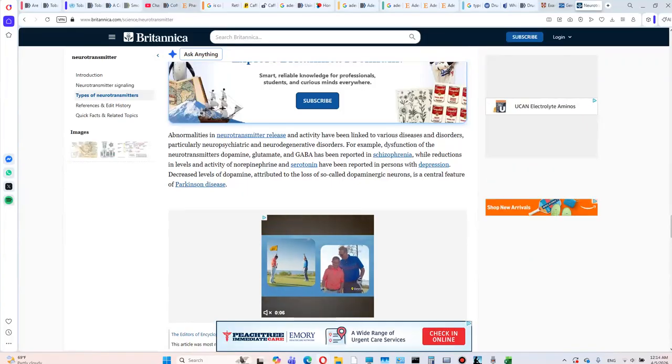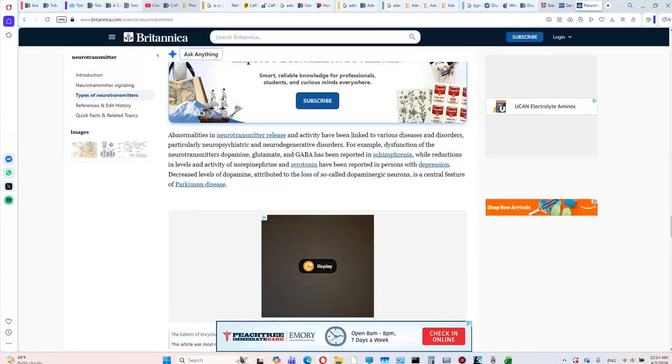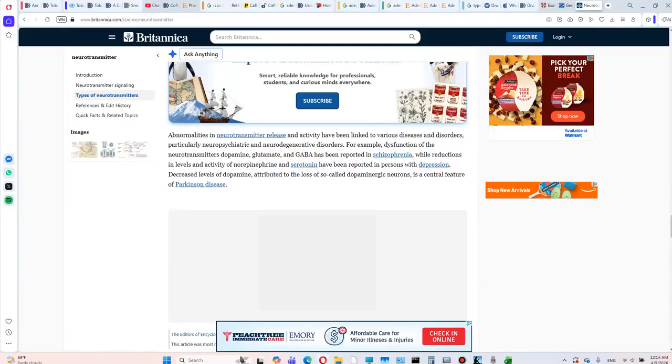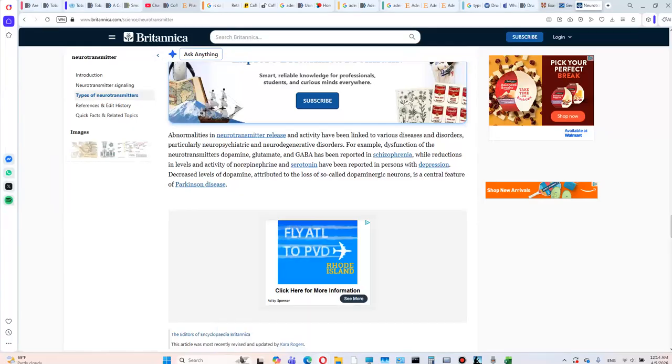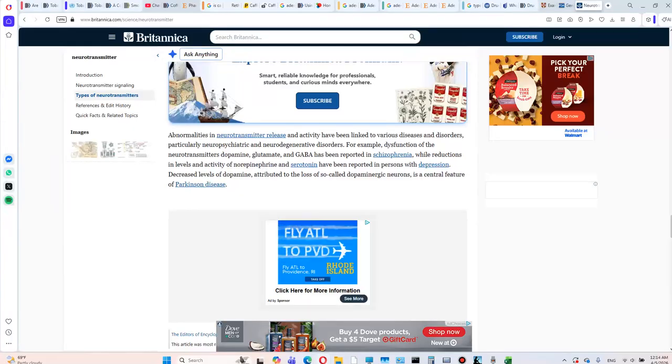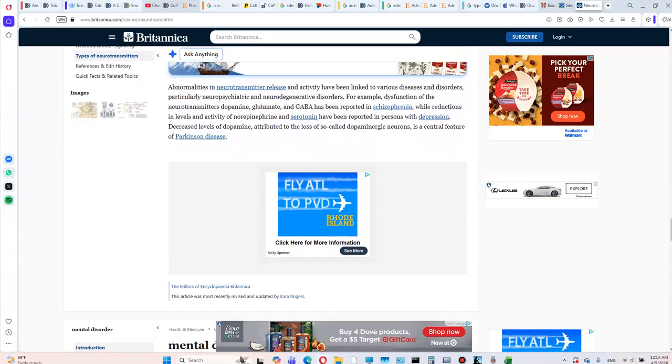For example, dysfunction of the neurotransmitters dopamine, glutamate, and GABA have been reported in schizophrenia, while reductions in levels and activities of norepinephrine and serotonin have been reported in persons with depression. Decreased levels of dopamine attributed to the loss of so-called dopaminergic neurons is a central feature of Parkinson's disease.